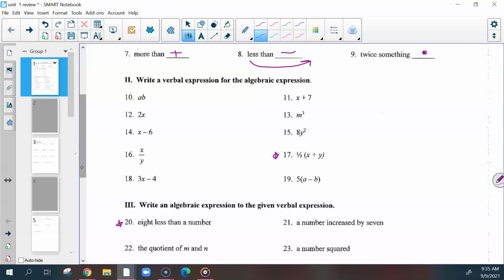We're going to switch that just a little bit. Start off with 1/2 multiplied by, or 1/2 times. And then we can say the sum of, since these are 2 different numbers, we can say a number and a different number, or we can say x and y, however you want to write that.